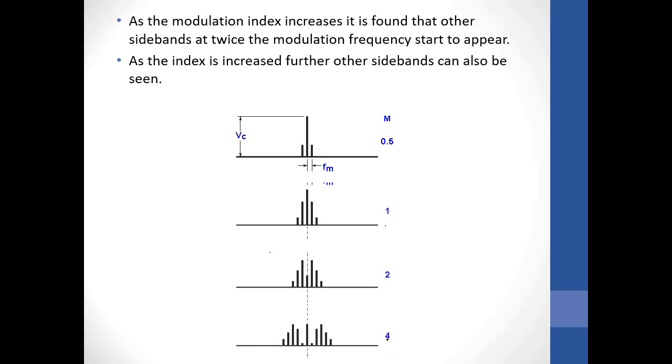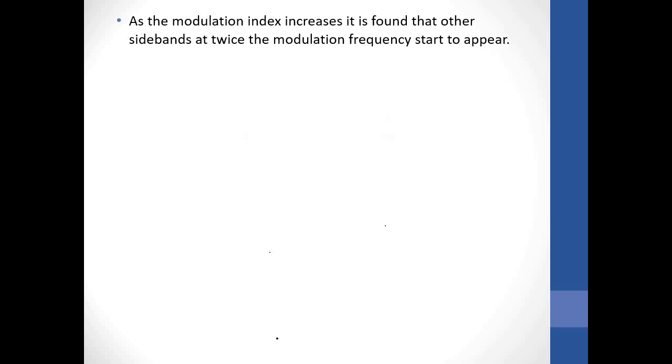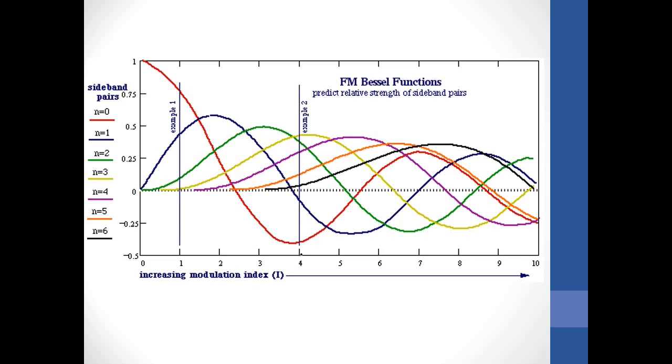And then we've got M equal to 4. At M equal to 4, the carrier amplitude is even negative at this point. We've got a smaller component of this. We've got the black. You can actually see that we've got several components now at M equal to 4.